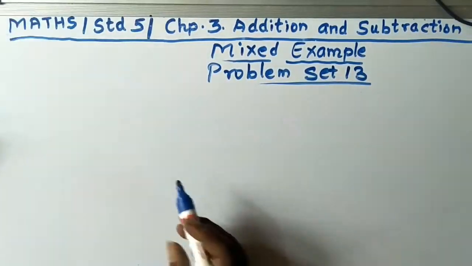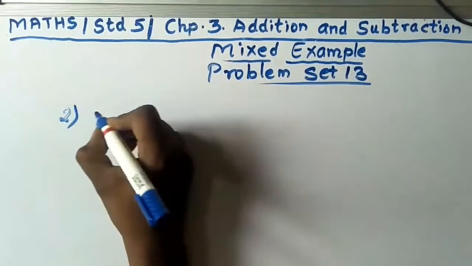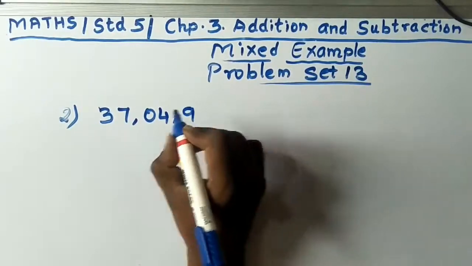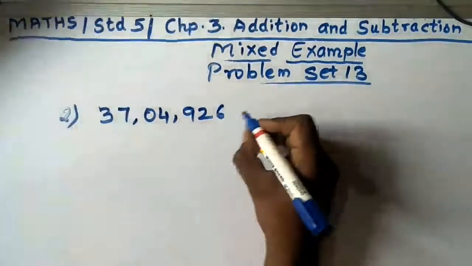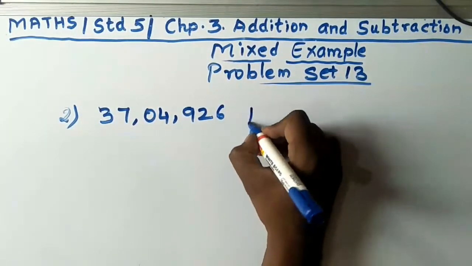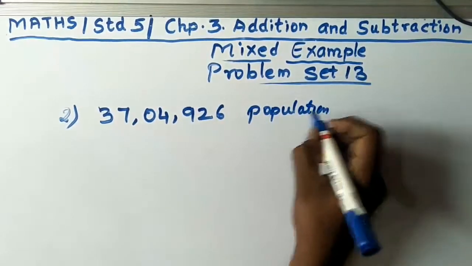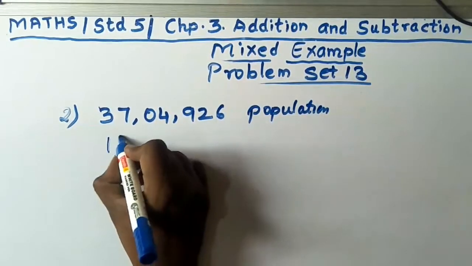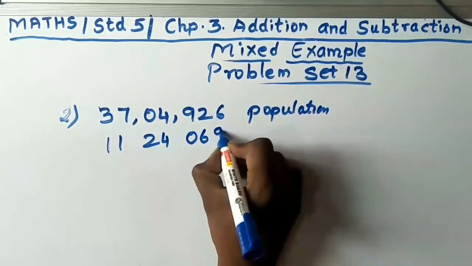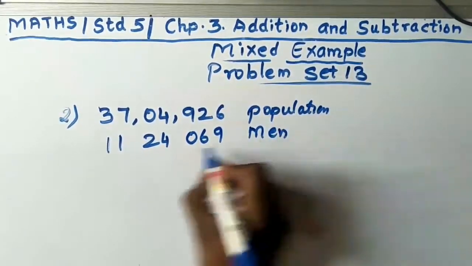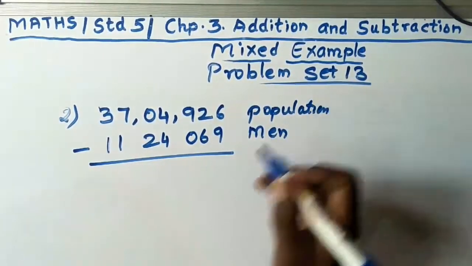So I'll do the first method. 37,04,926 is the total population. From this population, 11,24,069 are men. Let me subtract it and remove the men from the population.